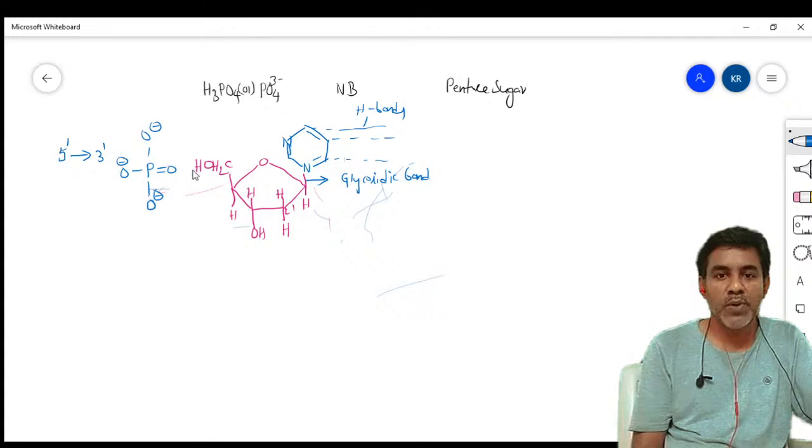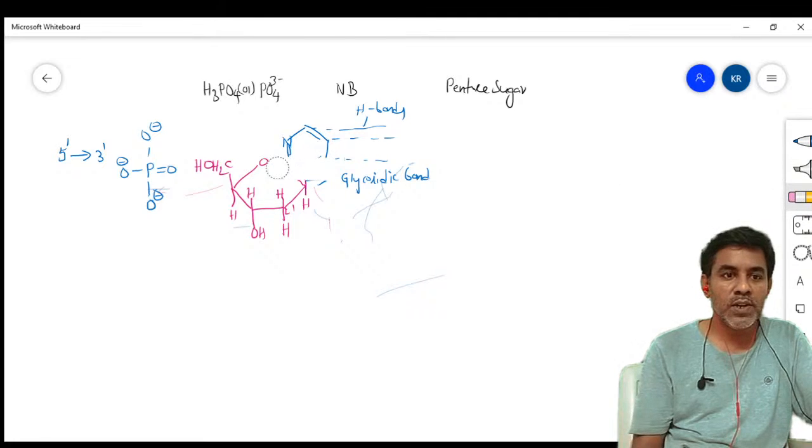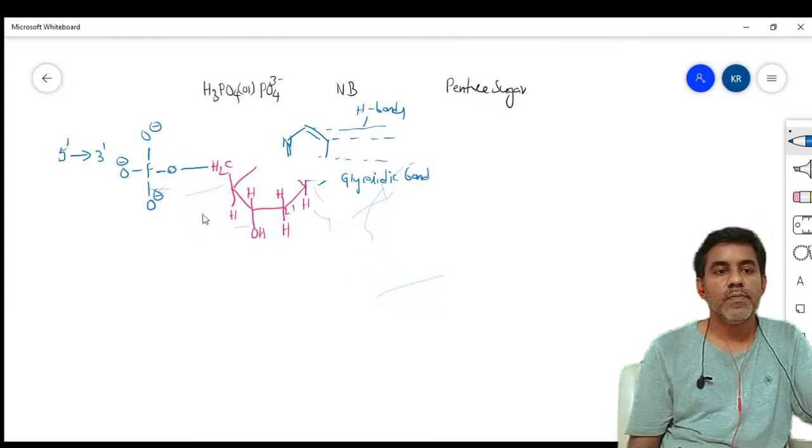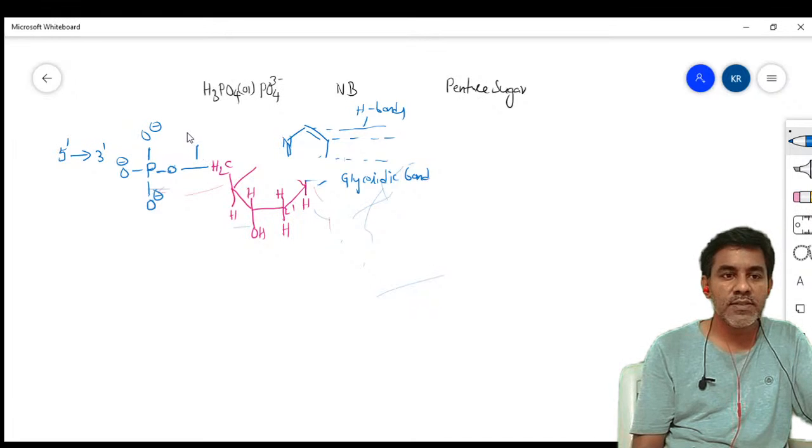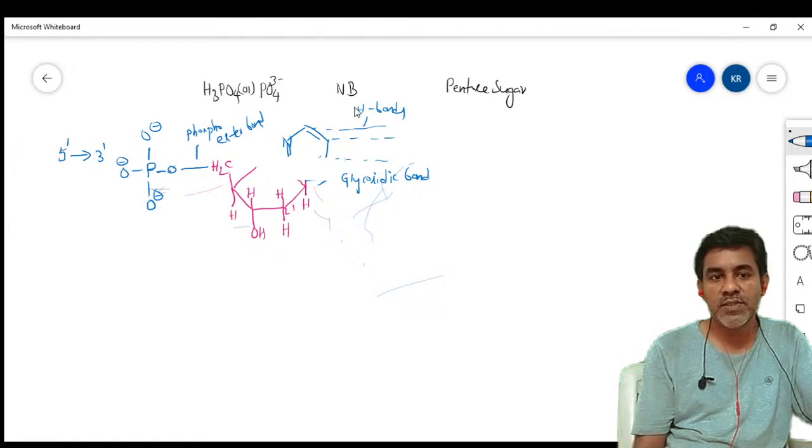It is the phosphoester bond. In between the phosphate and sugar moiety, that bond is the phosphoester bond. In between the nitrogen bases, hydrogen bond.